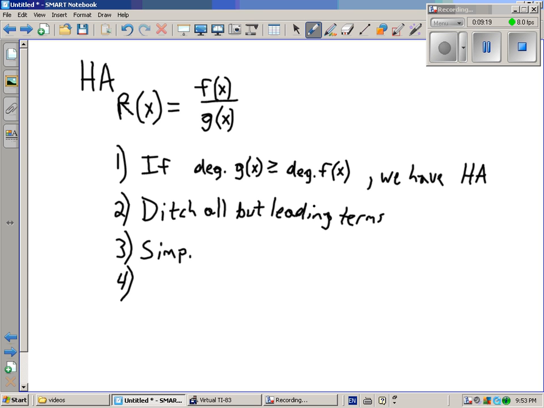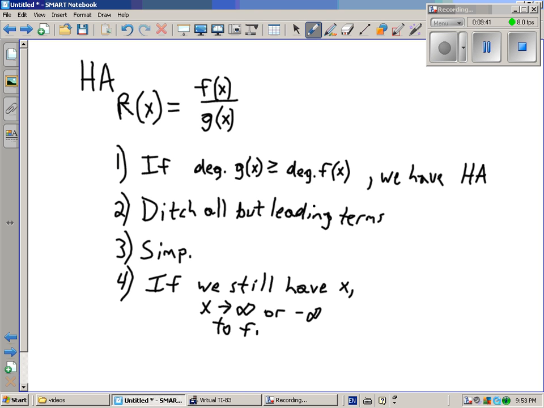And four, if we still have an x floating around, see what happens as x approaches infinity or negative infinity to determine the horizontal asymptote. Okay? So let's try out a couple of examples and call it a night.